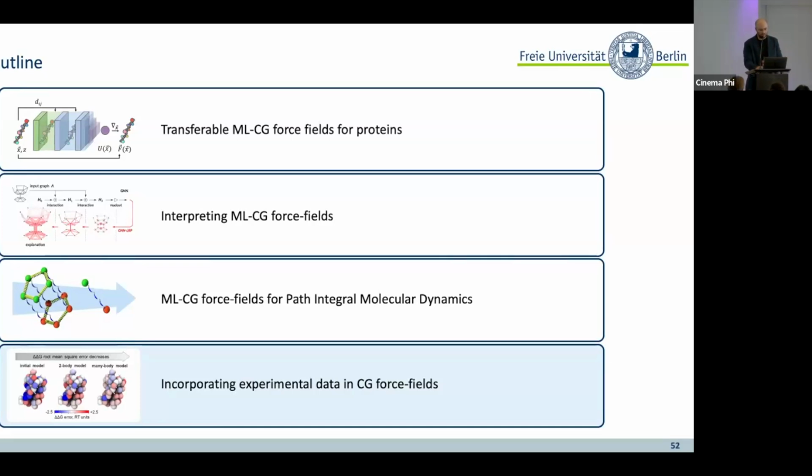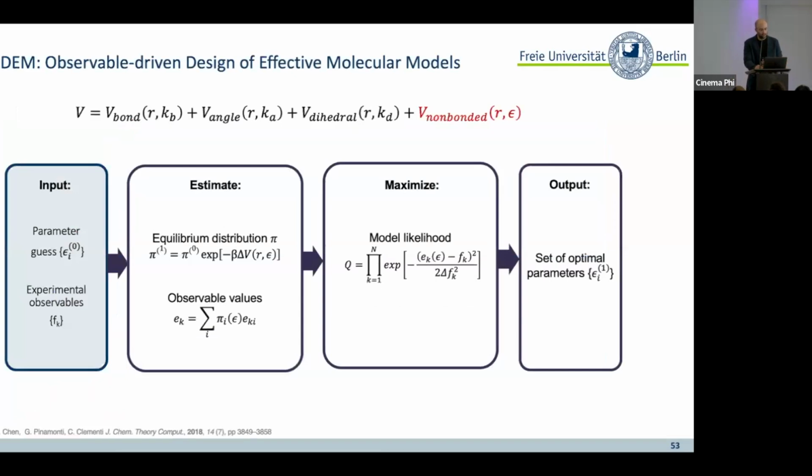In particular, here we will focus mainly on delta G prediction. In order to do that, we use the so-called ODEM method, that is observable driven design of effective molecular models. Basically, the idea is that we want to match experimental observables, right?